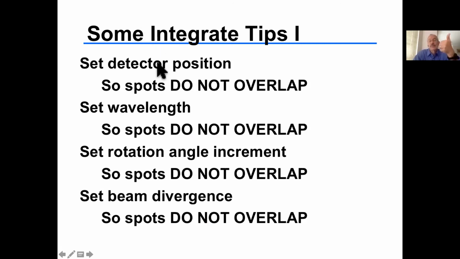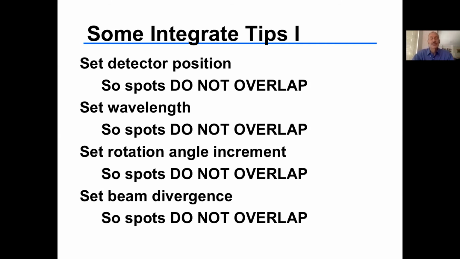Set the detector position so the spots do not overlap. I think I heard Gianluca Santoni tell me that last time or in his video. Set the wavelength so the spots don't overlap. Set the rotation angle increment going from image to image so the spots do not overlap. Set the beam divergence, and I gave an example of this, so the spots do not overlap.